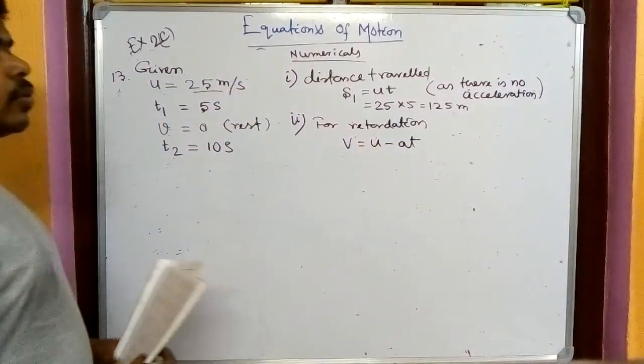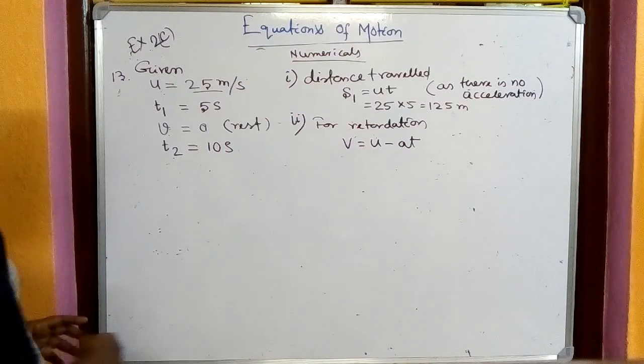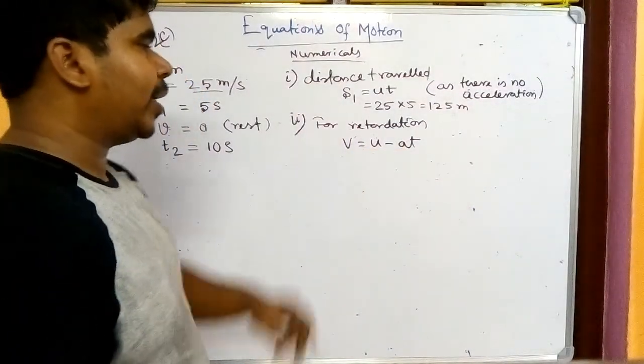Now you may ask, sir, how can you understand that this equation we have to use? Very simple. By the information that is given to you, you have to find what information is unknown to us. It is asked that you find the retardation or acceleration, which we have denoted by a.